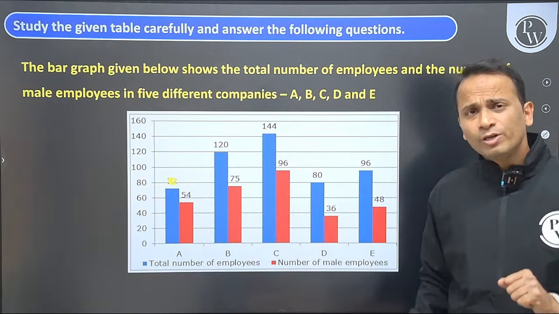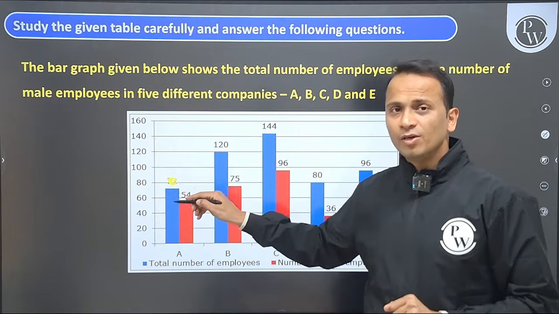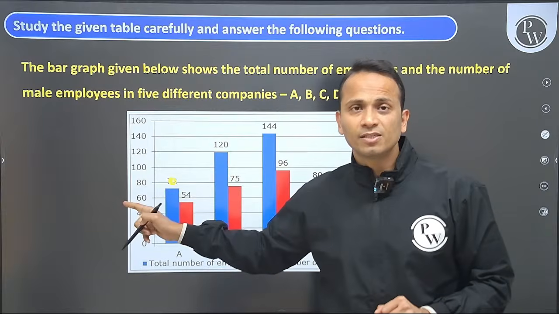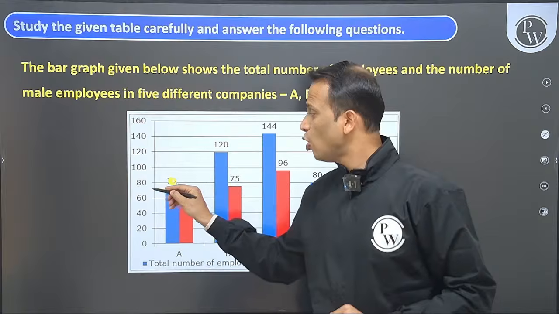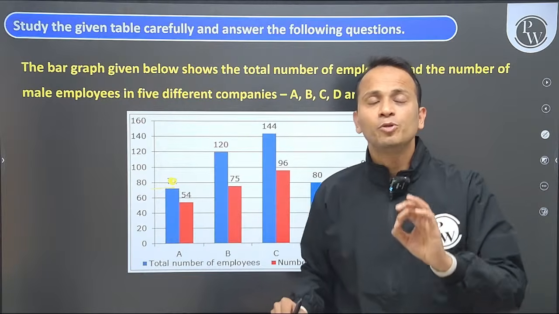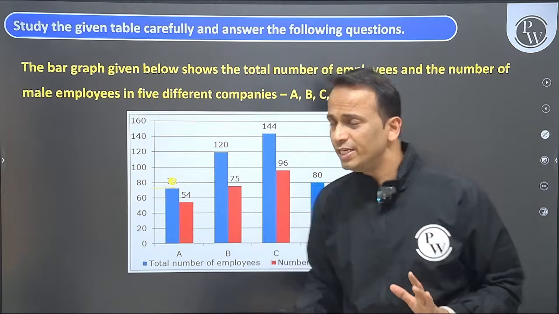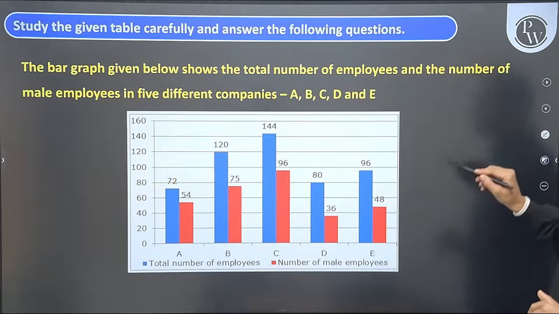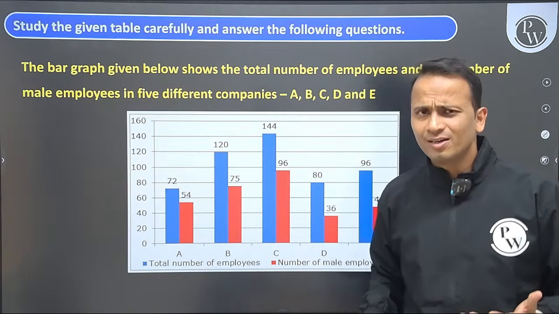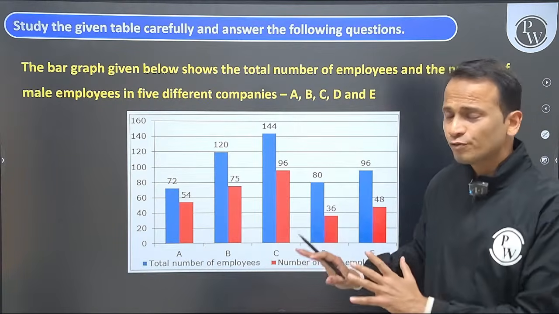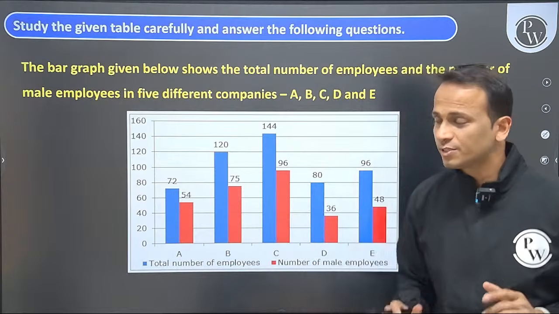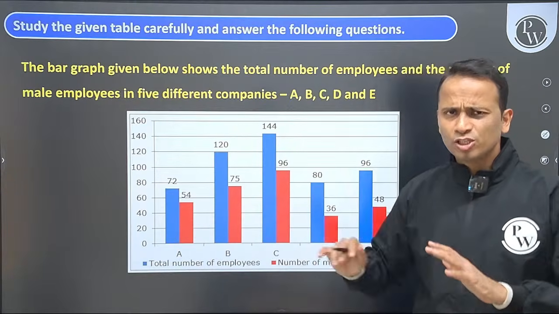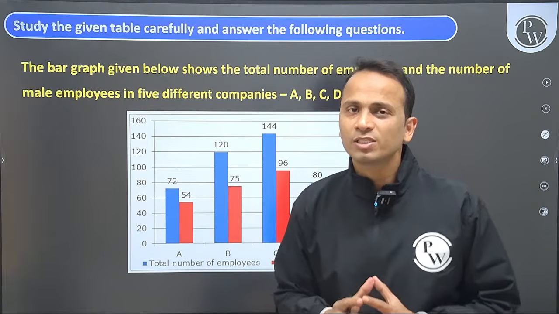Next is the height of the bar when read along the y-axis. The projection of the top of the bar along the y-axis will help you in reading the values. I'll be introducing those types of questions in the later stages. But first of all, let's have a look at what this bar graph has for all of us. The values are written, so there is no problem as far as reading the values is concerned.